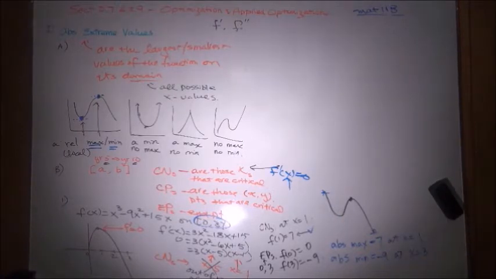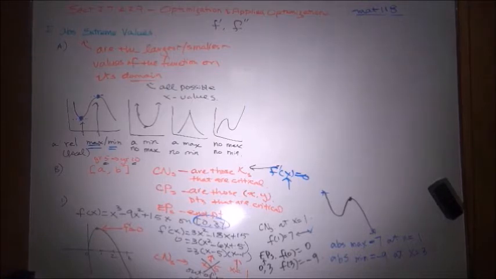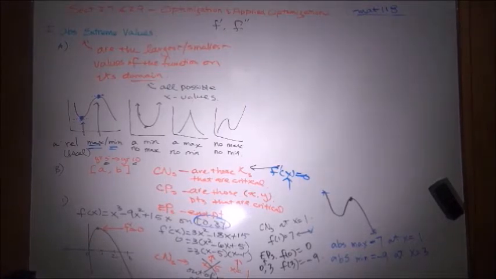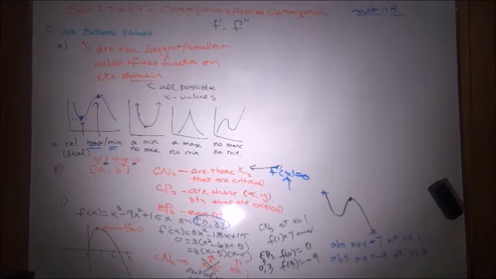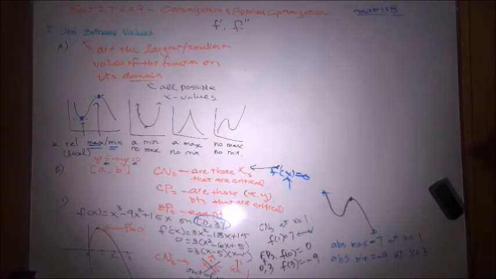Okay, so that gives you a little bit of an idea of how to use f prime to decide your local maxima, local minima, and also the absolute minimum and absolute maximum. That's the first derivative, f prime.